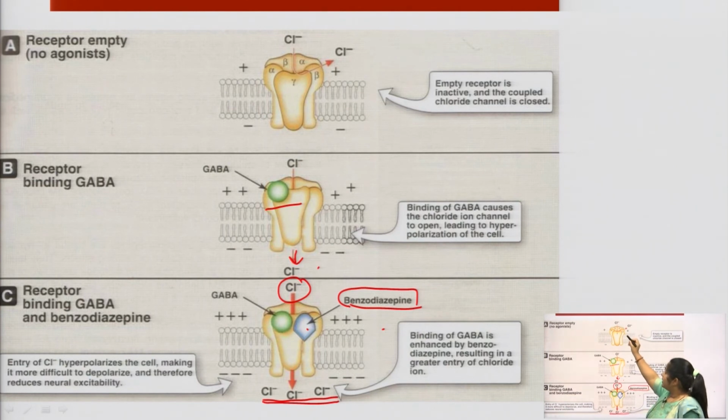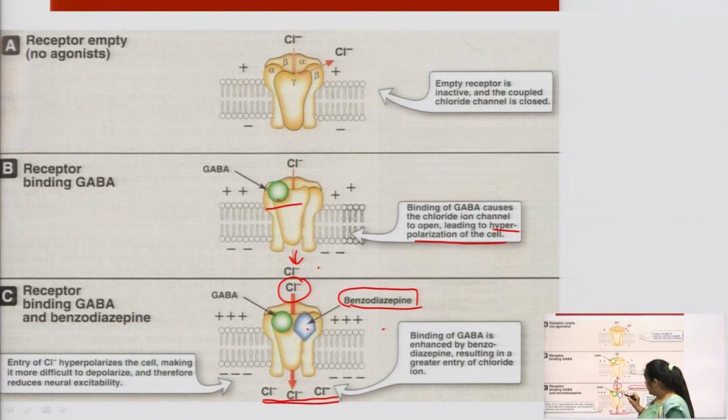When there is no GABA at this receptor, the channel is closed. After the attachment of GABA, the channel opens, leading to hyperpolarization of the cell and ultimately depression in the central nervous system.